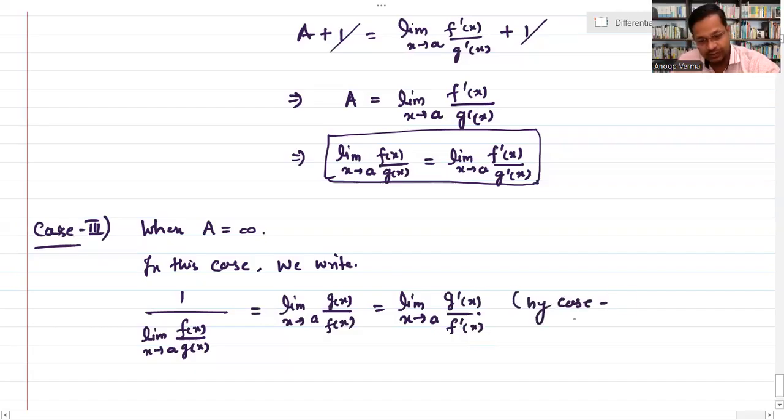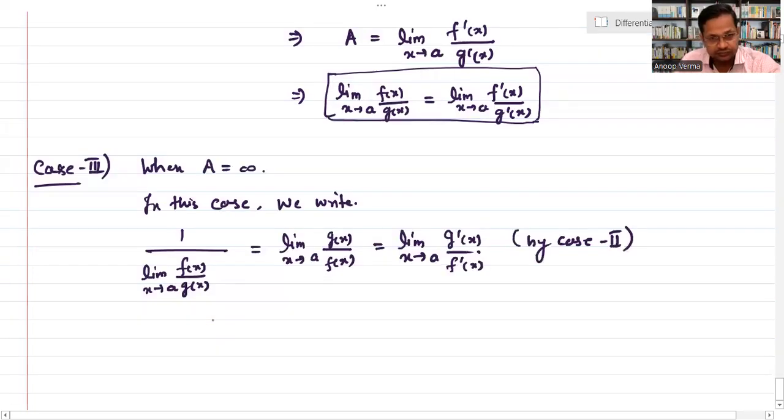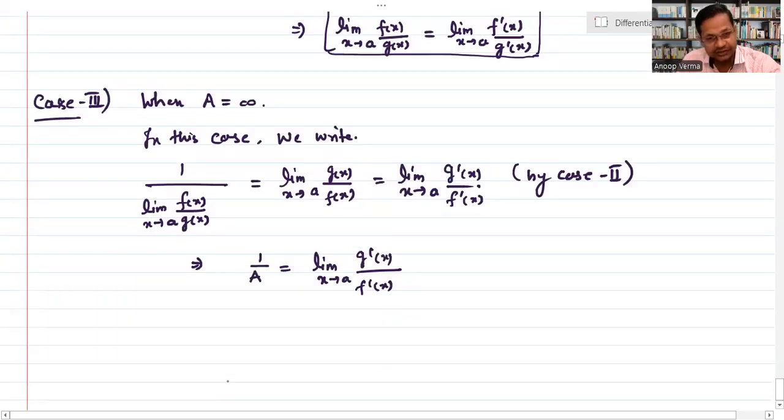This was very easy. So you know that, and it was what? This is 1 upon a, you can say. It looks like this. And this is limit x tending to a is just equal to g dash x divided by f dash x. Okay, and that will be equal to, easily you can say, limit x tending to a of f dash x divided by g dash x.